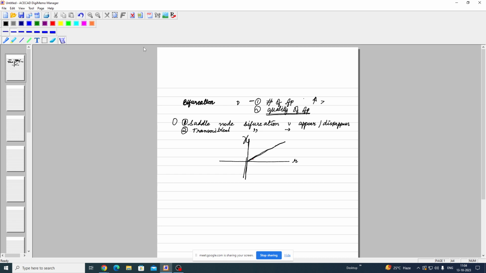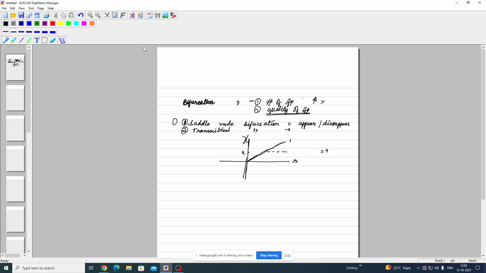As r approaches 0, this particular fixed point also approaches 0. So this is fixed point number 1. Let's say the other fixed point is equal to 4, always equal to 4, and it's an unstable fixed point.